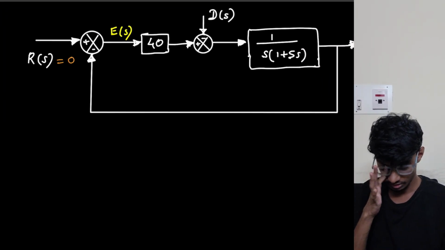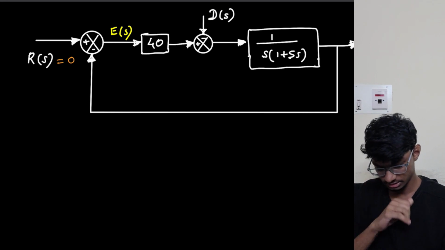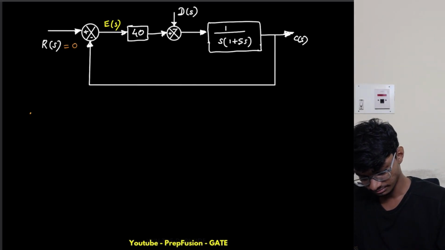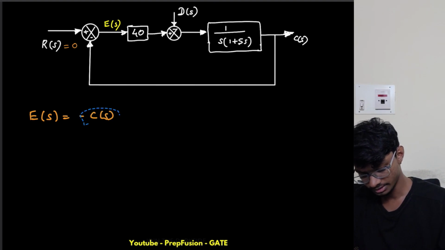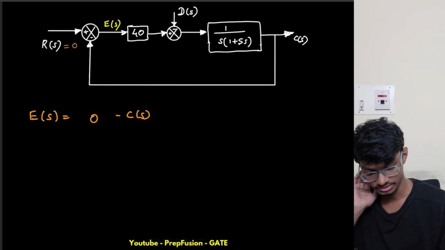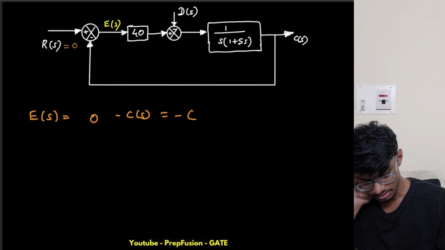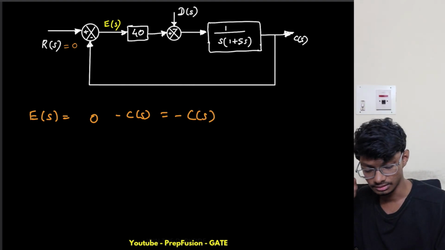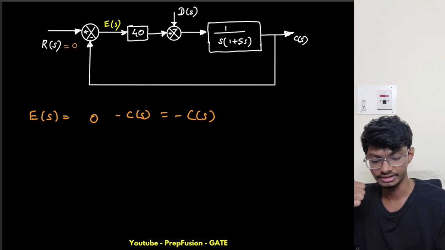If R(s) is 0, then what will my E(s) be equal to? E(s) will be equal to minus C(s), because this was basically R(s) minus C(s), and R(s) is 0, so this is basically minus C(s). But I need to find the error in terms of the disturbance, so I will find C(s) in terms of the disturbance. So I will go around this loop.